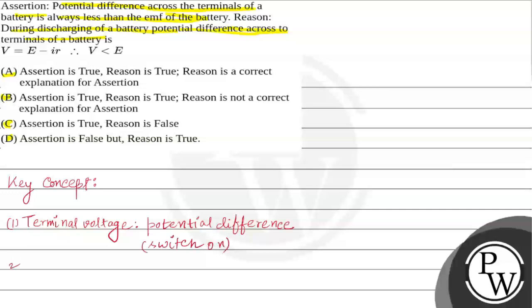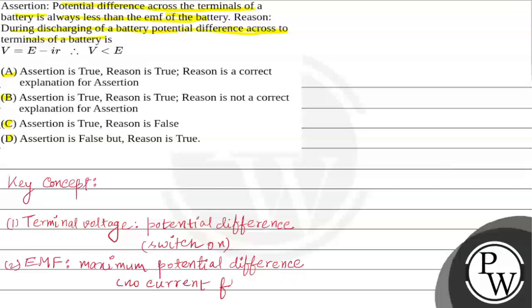Okay, and another terminology, that is EMF or electromotive force, and this can be defined as the maximum potential difference generated by a cell when there is no current flow in that circuit.